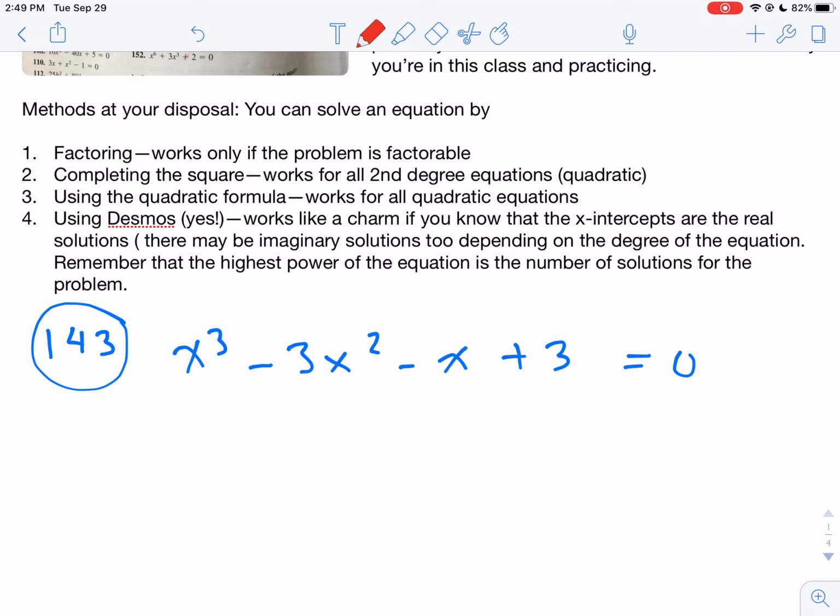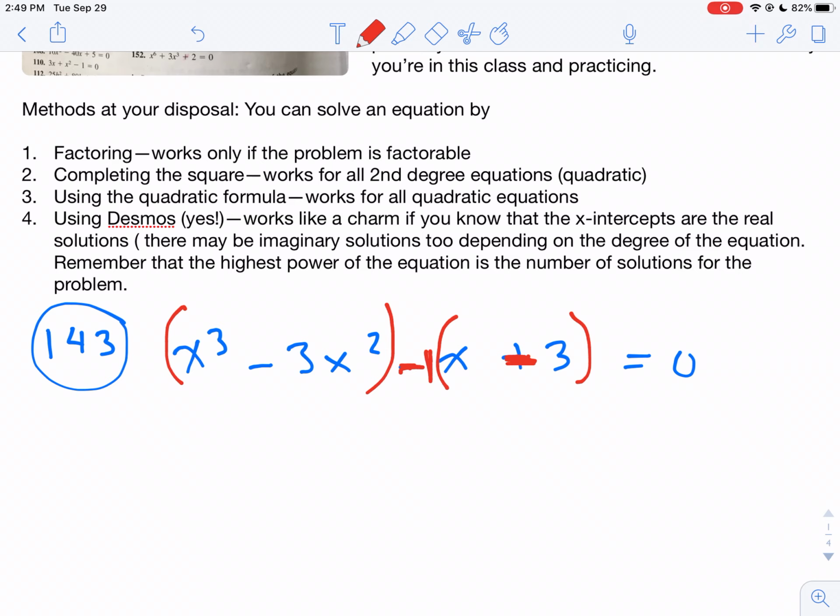Okay, so I'm going to group the first 2 terms together, and I group the last 2 terms together, and because this is a minus, I need to change that. So I'm essentially factoring a -1 here. Okay, so that's where you got to change that sign. Once you do that, we are going to find the GCF for each group.